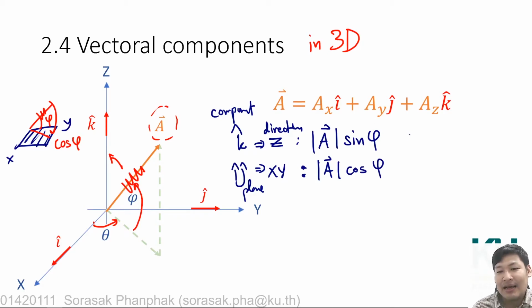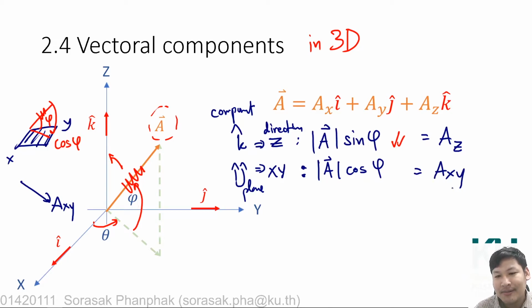But this already finished as the AZ, the component in the z direction, but this is not yet the component in x or y. It's still on the plane. So now you would like to flip this one, the one that points here. This is A in the XY component, which is this one, AXY.